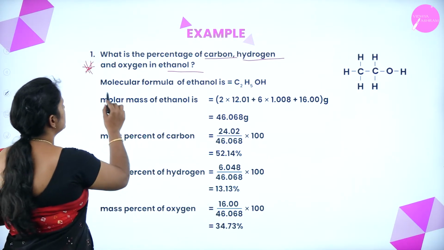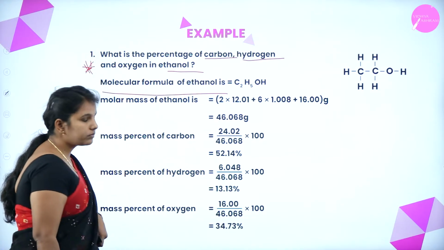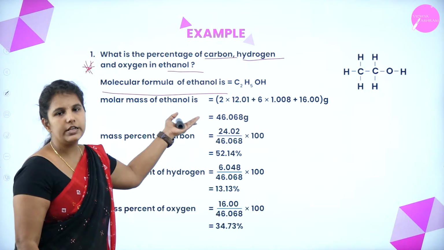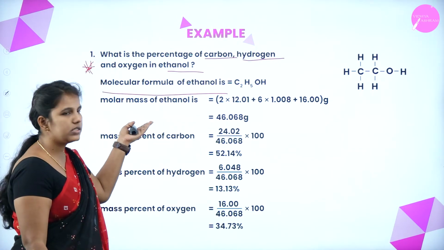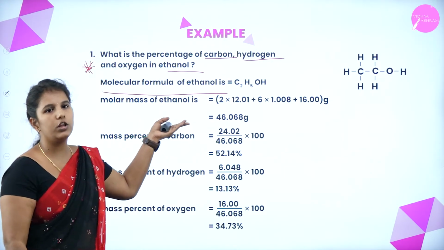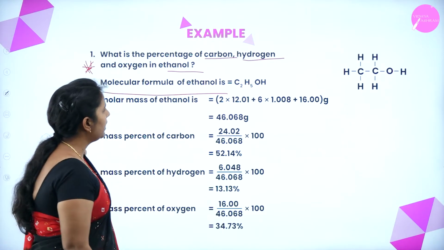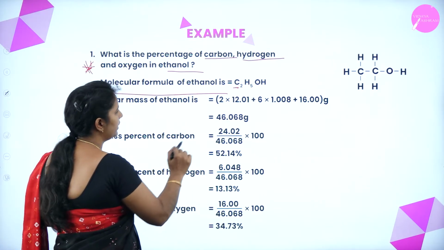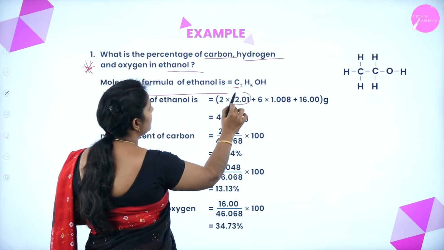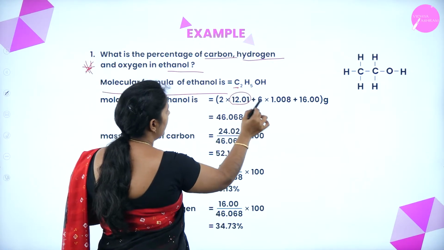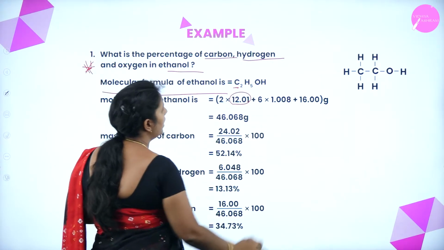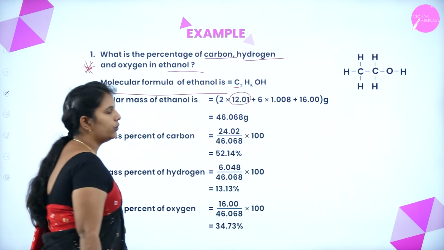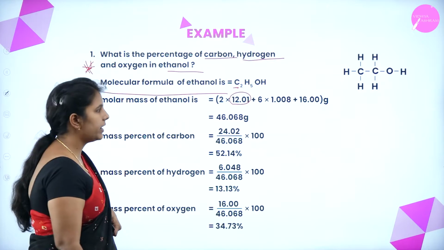First we need to write the molecular formula of ethanol, which is C2H5OH. Then what is the next step? We need to calculate the molar mass of ethanol. So we know that there are 2 carbon atoms: 2 into the atomic mass of carbon plus 6 into the atomic mass of hydrogen. If you see that figure, you can clearly see that there are 6 hydrogen atoms.